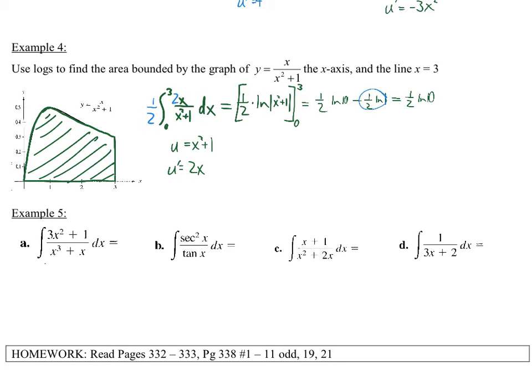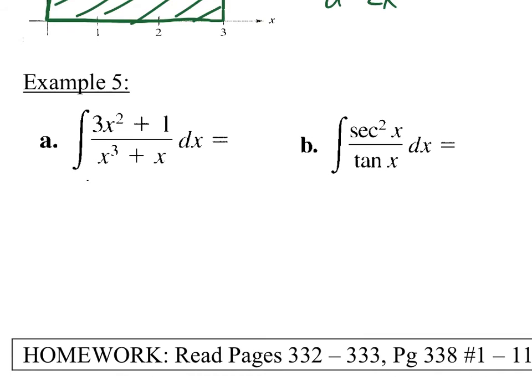Okay, so let's look at A here. Again, I see a rational function that has a binomial in the denominator. So I'm going to look for my u prime over u. Do I have u prime over u?